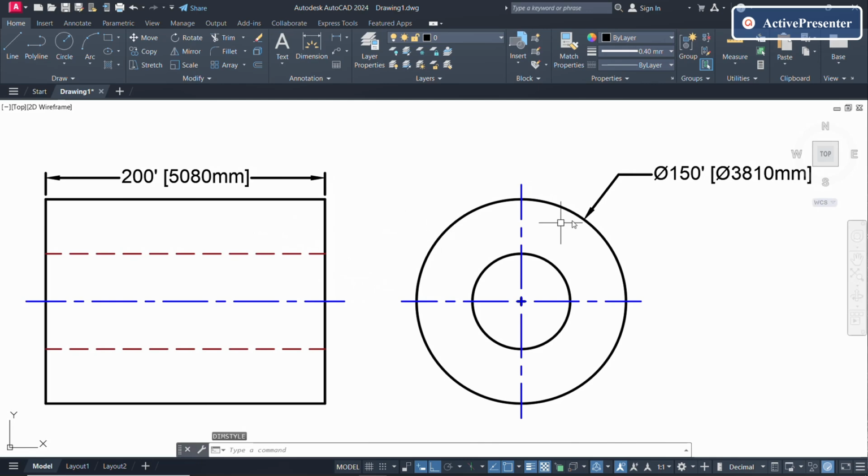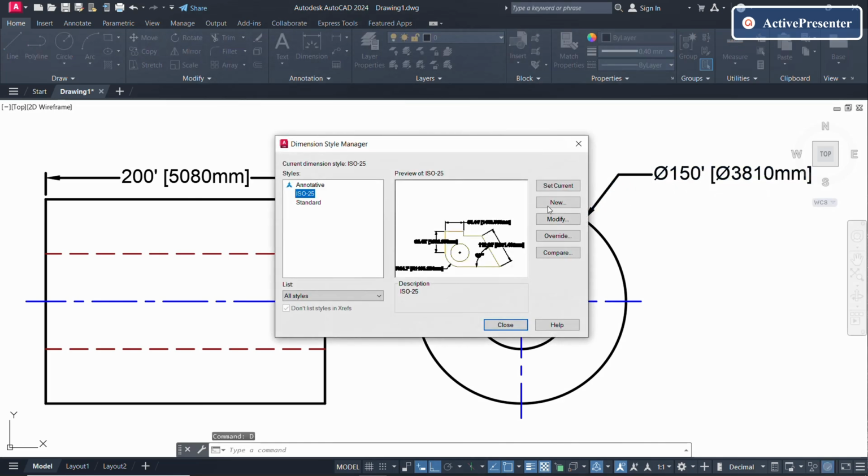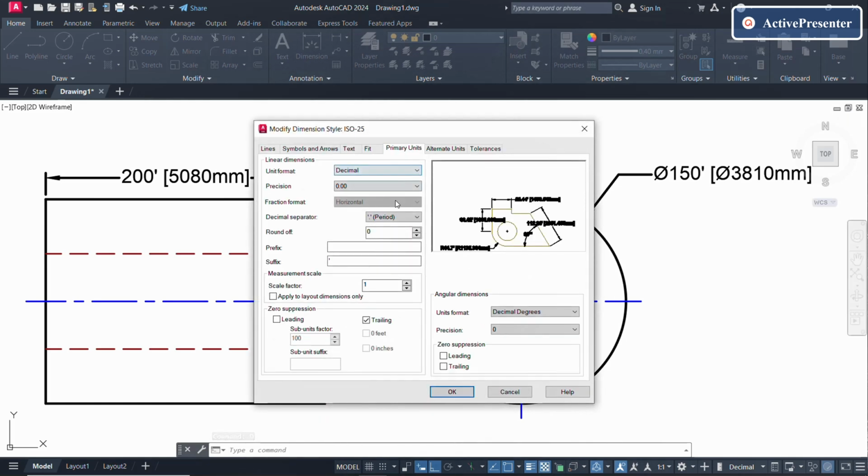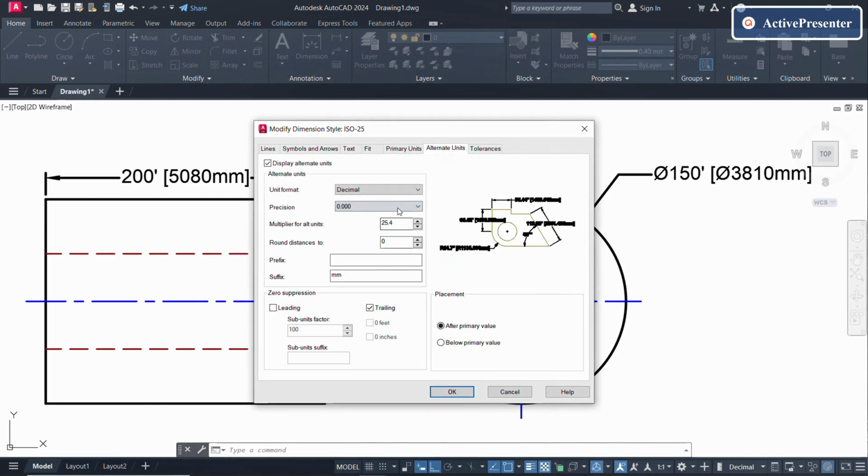Now let's consider our main dimensions are in inch and we have to convert them into feet. So just enter D. Our main dimensions are in inch, with a double inverted comma as the suffix, and for the alternate unit, inch to feet.